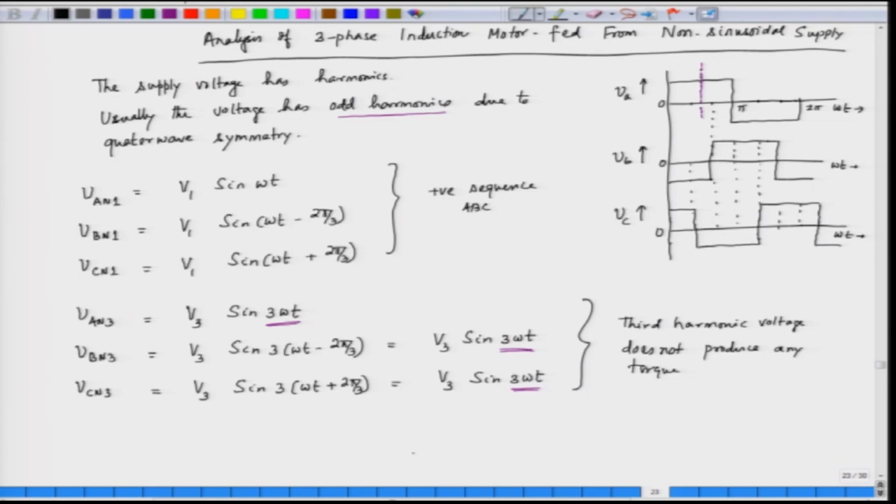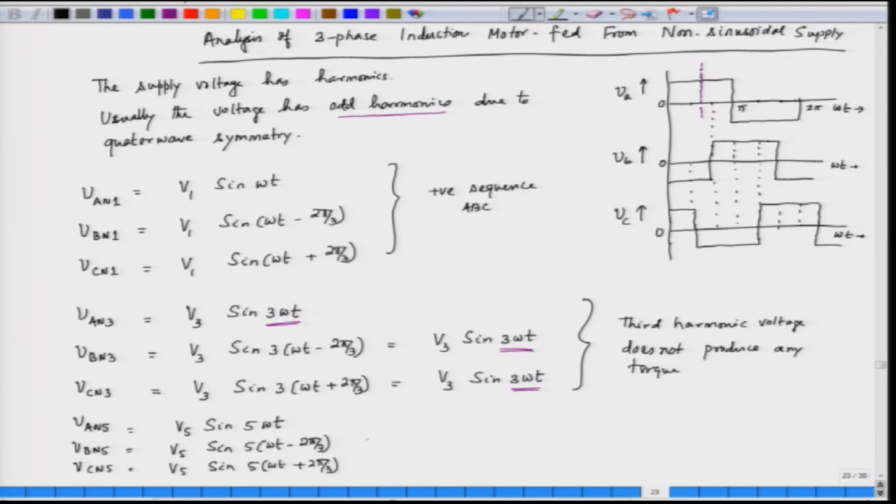Now, similarly, we can find out the fifth harmonic voltage. So, we can write down V_An5, V_Bn5 and V_Cn5, and they will be respectively V5 sin 5 omega t, V5 sin (5 omega t minus 2 pi by 3), V5 sin (5 omega t plus 2 pi by 3).